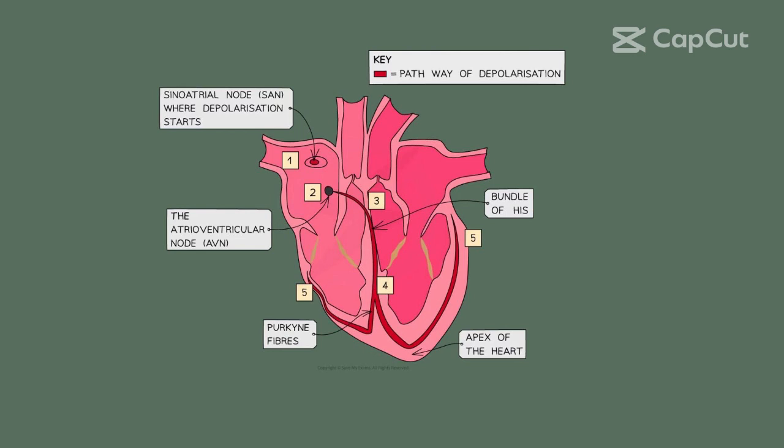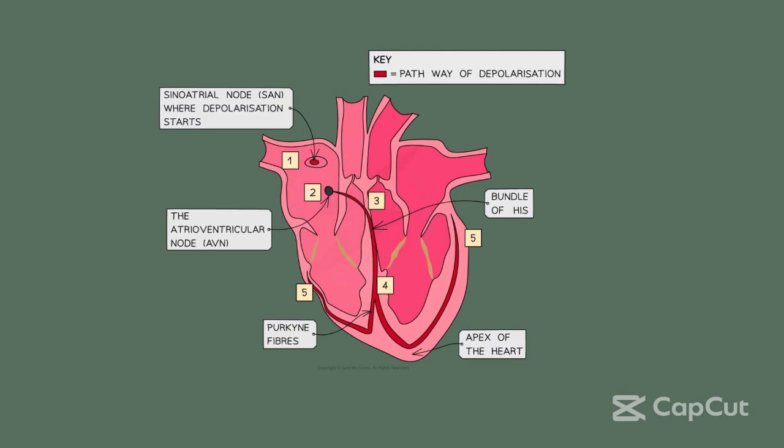So it all starts in the right atrium via the sinoatrial node. This initiates a wave of electrical stimulation, which causes both the atria to contract at roughly the same time. So although it's located in the right atrium, the electrical stimulation initiates a wave in both atria at roughly the same time.